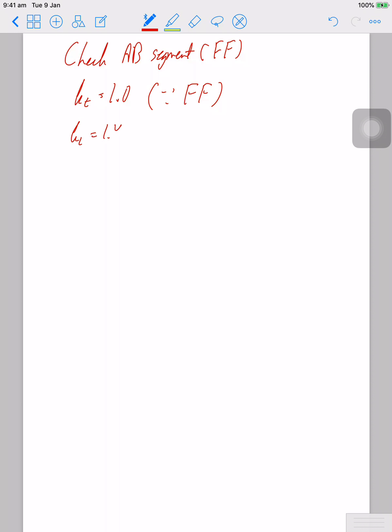So we're going to check AB. K_t is going to be equal to 1.0, particularly because it's FF.